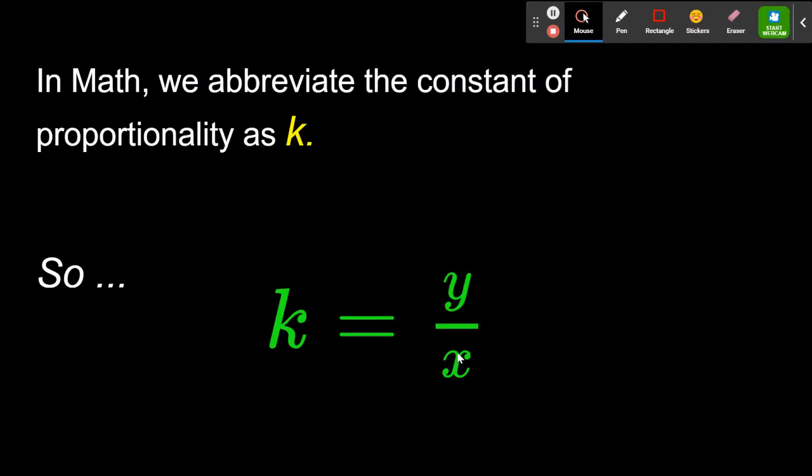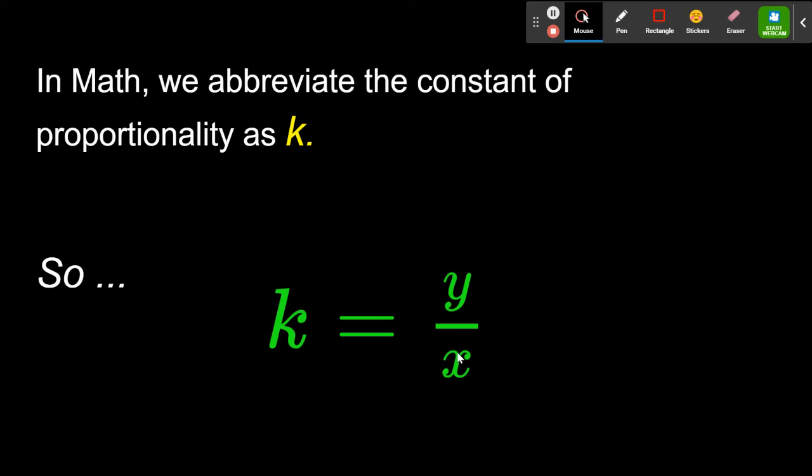Okay, now we've determined how we can find out if a table represents a proportional relationship. But how do we find the constant of proportionality? Well, our constant of proportionality, which is represented by the letter k, is y over x.